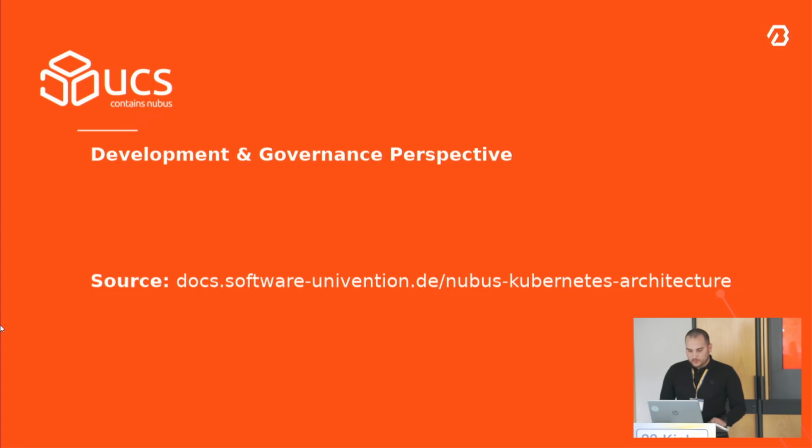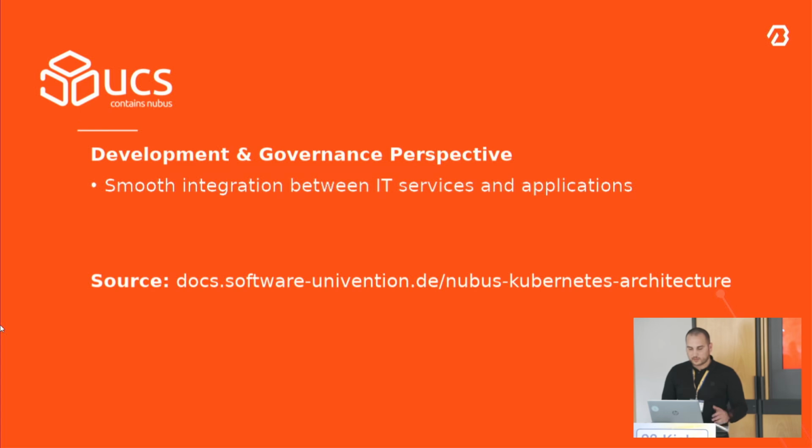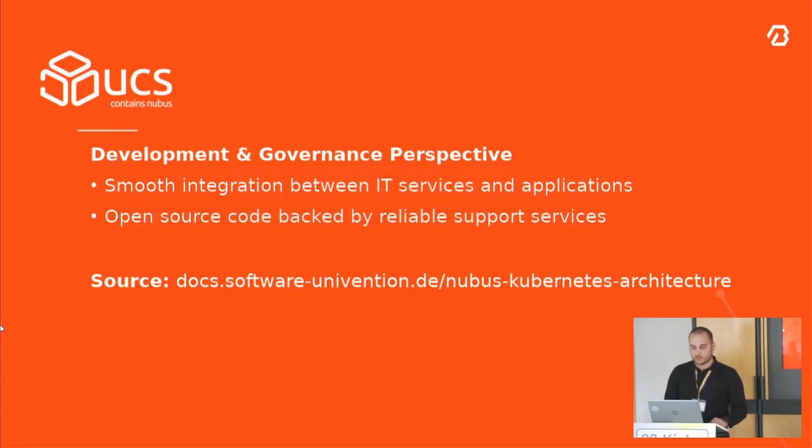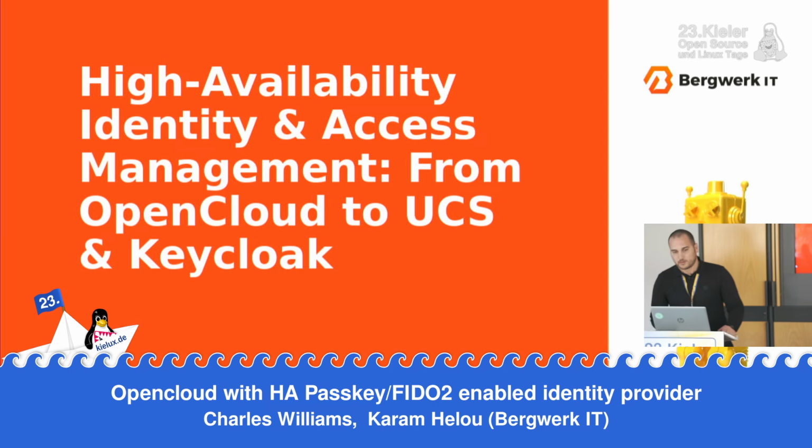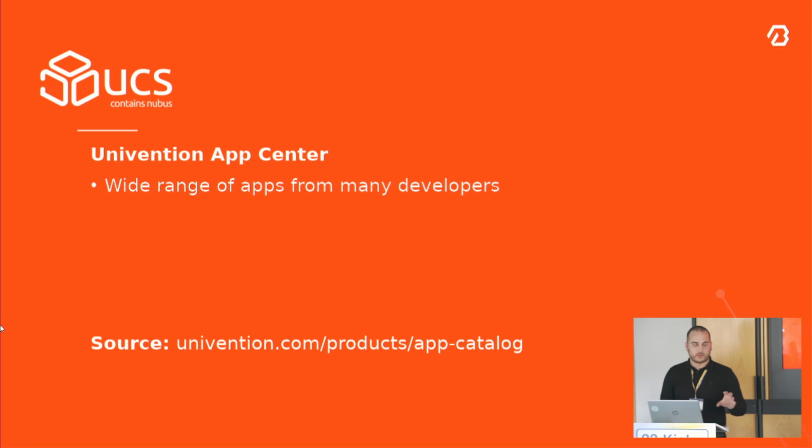And from the developer perspective, it has smooth integration between IT services and applications, and open source code backed by reliable support services. And now we'll go to the Univention App Center, which has a wide range of applications from different developers who include their software in the UCS App Center.